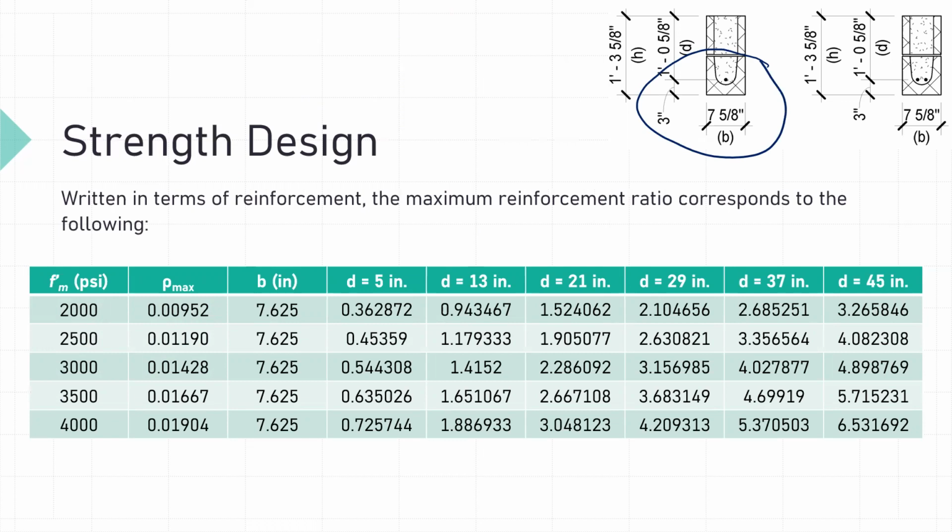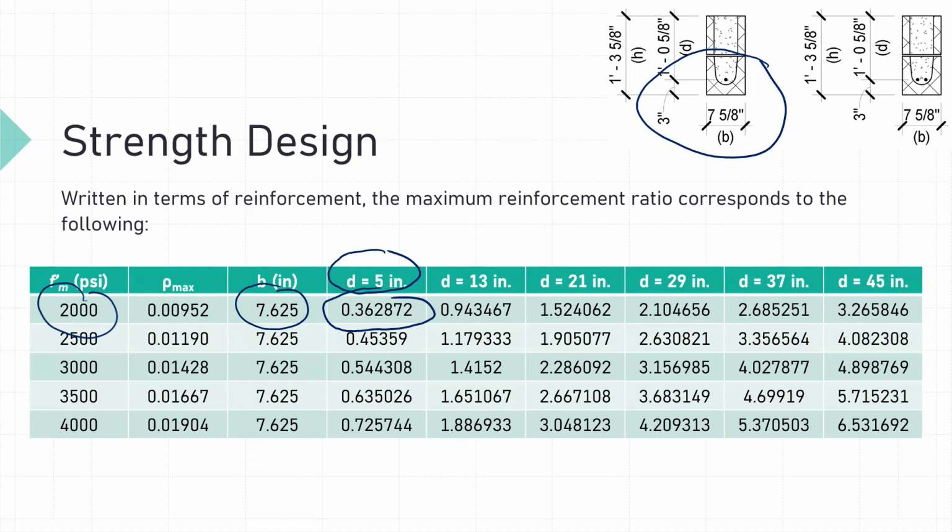So if we had 2000 psi, an 8-inch wide unit, and a 1 course bond beam, so our effective depth d is 5 inches, we can technically only fit 1 number 5 bar in it because our maximum reinforcement area would be 0.36 inches squared. The area of a number 5 bar is 0.31 inches squared, and so obviously we can only fit 1 number 5 bar in there. We can't even fit 1 number 6 bar in there without exceeding our maximum reinforcement ratio.